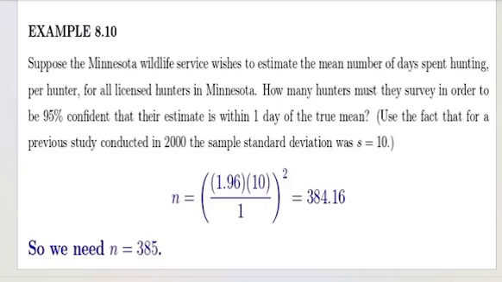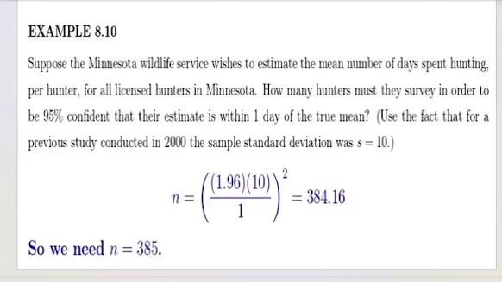We don't have resources to study all of them, so we want to take a sample. We want to decide statistically what would be a reasonable sample size. How many hunters must they survey in order to be 95% confident that their estimate is within 1 day of the true mean?